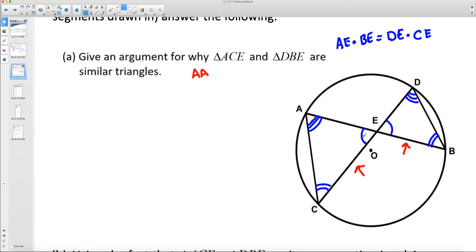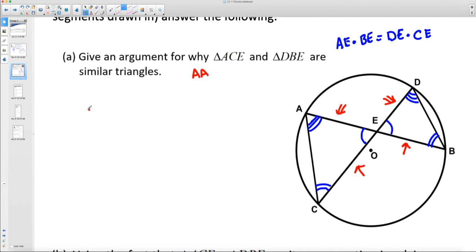I know that because I have one hash mark, two hash marks, one hash mark, two hash marks. I could also say that AE would correspond with DE. Again, 3 hash marks, 1 hash mark, 3 hash marks, 1 hash mark. We could also say that AC and DB correspond, but we're not going to worry about those because we don't need them.